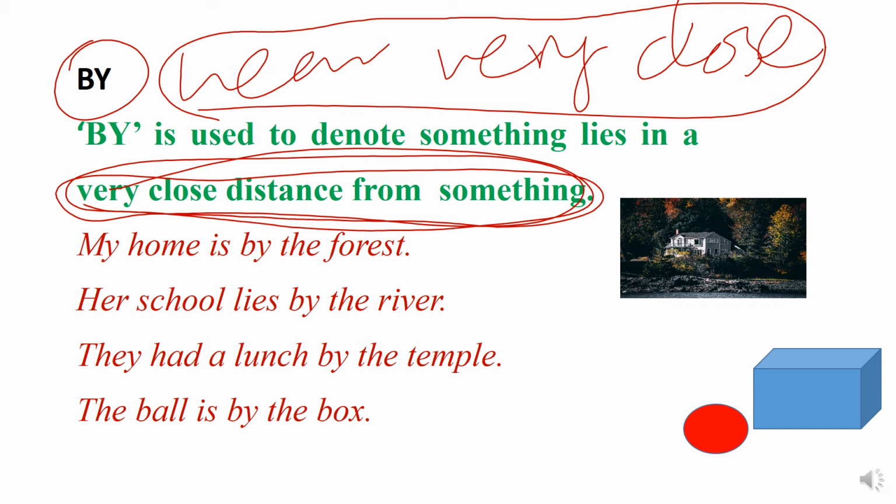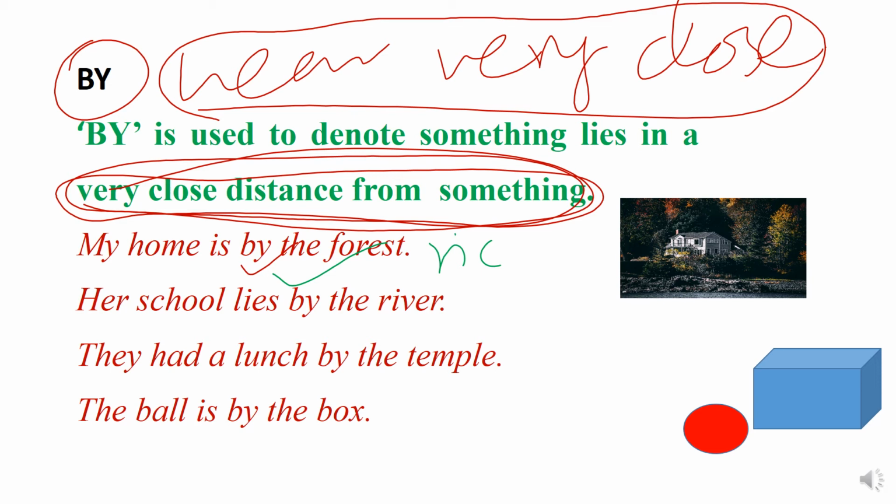In the picture you can see there is the forest and there is the river and there is a house. You can say my home is by the forest, very near by the forest. Also you can say my house is by the river, because nearby the forest there is a house, nearby the river there is the house.